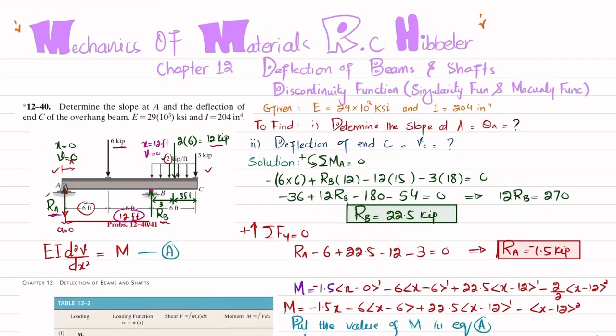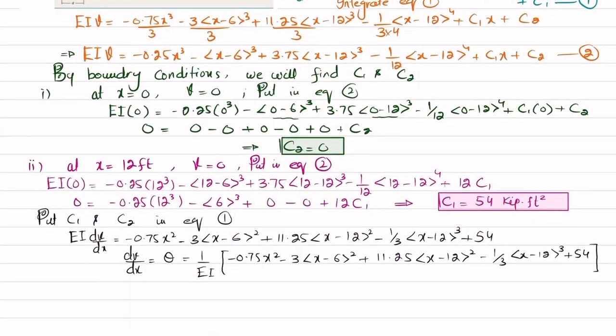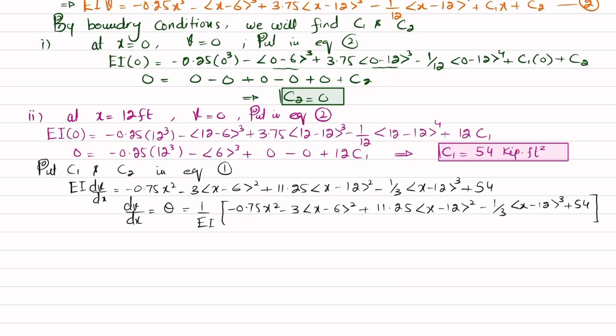Now we have to find the slope at point A. Point A is this one. It means that at x equal to 0, we have to find the slope at A. So put x equal to 0.